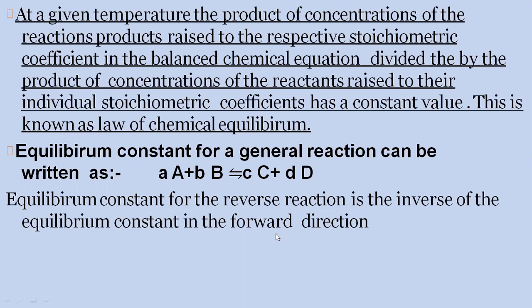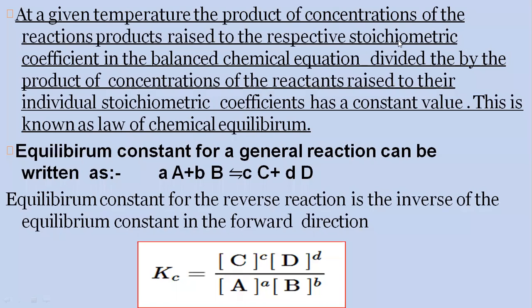At this time, how do I have to write this equation? I will write it like this: Kc is equal to [C] to the power c times [D] to the power d, divided by [A] to the power a times [B] to the power b. And these small c, d and a, b represent the number of moles, the stoichiometric coefficients.